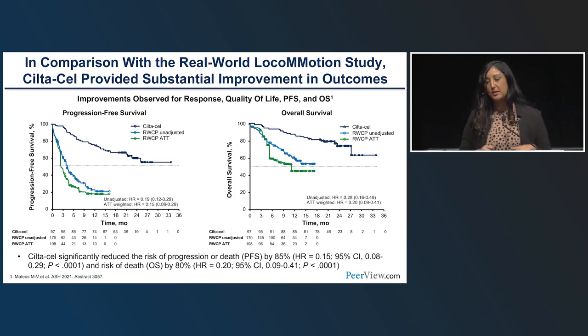And of course there's limitations to this type of study, but what it showed is that the progression-free survival was very different for the patients who got cilta-cel versus if they weren't on that trial, as well as survival. Again, overall survival is different for these patients. So even though we're not seeing those cures, for me, this is very, very strong data to say we need to get these therapies to our patients.